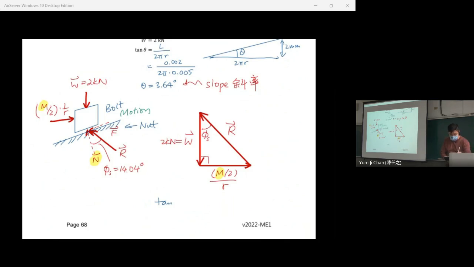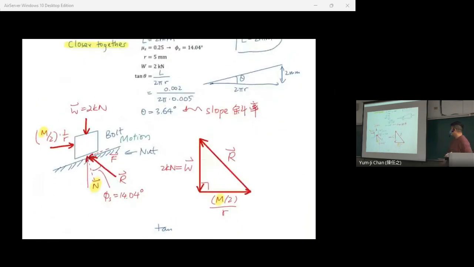Remember, I made a mistake here. Let's go back to the free-body diagram. This angle is theta, which is equal to 3.64 degrees. So here we also have an angle of theta.